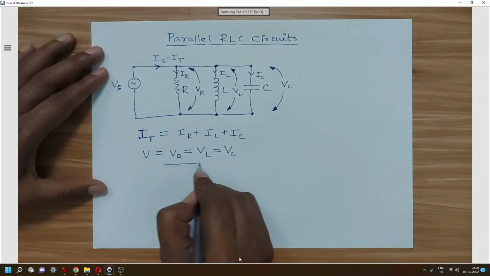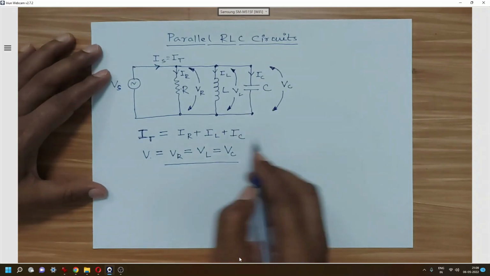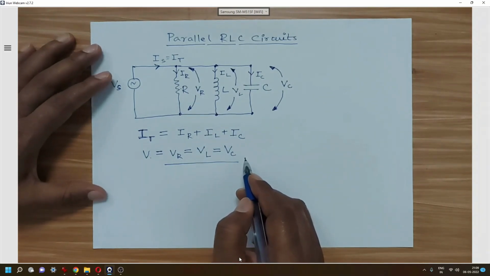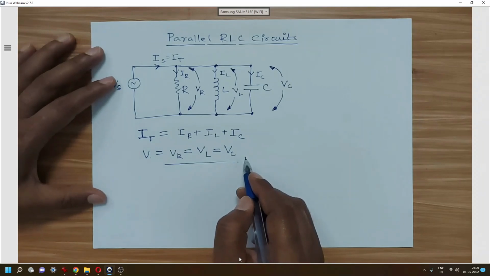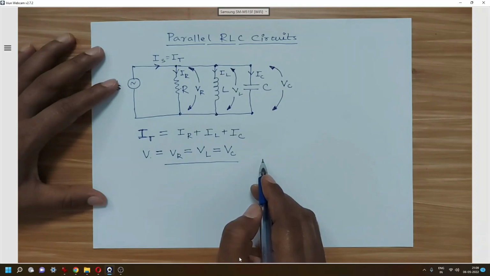So all these voltages are same because they are connected in parallel, but currents will not be same, or it's better to tell that current may be same or may not be same, and it depends on the specific parameters as we have already mentioned.